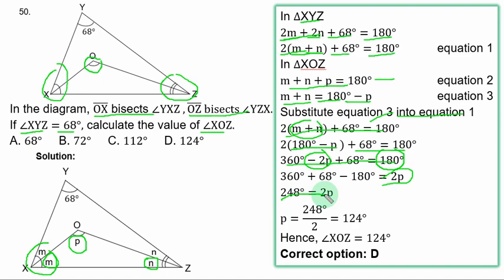Divide both sides by 2. P is equal to 248 degrees divided by 2, and that is 124 degrees. Hence, angle SOZ, which is equal to P, is 124 degrees. By this, option D is the correct option.